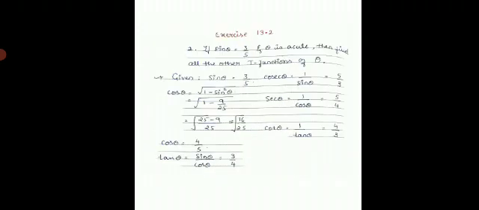Now, before moving towards exercise 13.2, let me introduce some basic concepts, that is trigonometric ratios of an acute angle. So in this chapter we shall introduce 6 trigonometric ratios for an acute angle and find the relation between them.